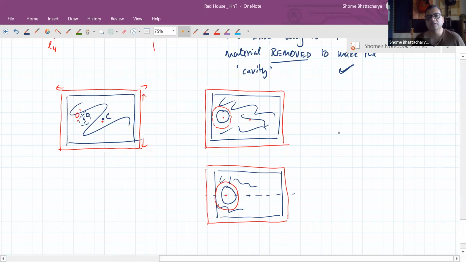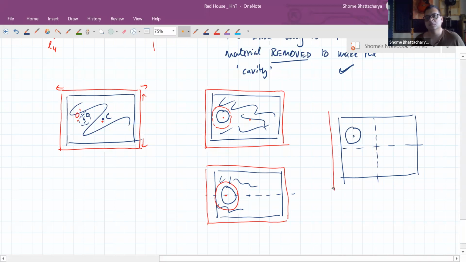But if the center of the cavity is not lying on the bisector, the cavity center is somewhere here, then on expansion, it will go somewhere here like this.